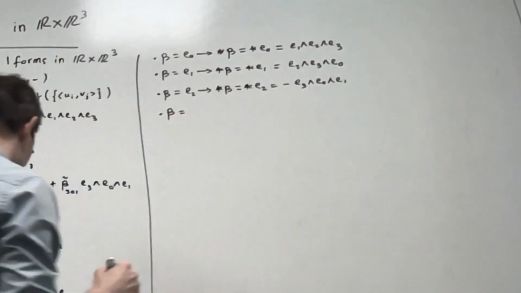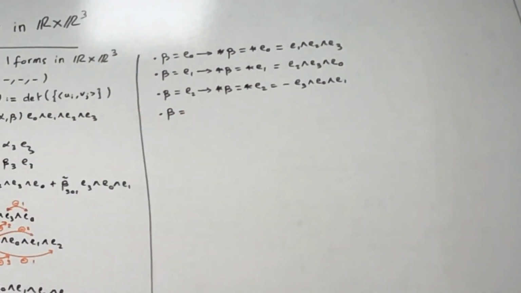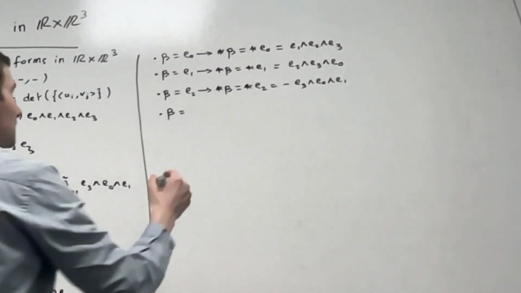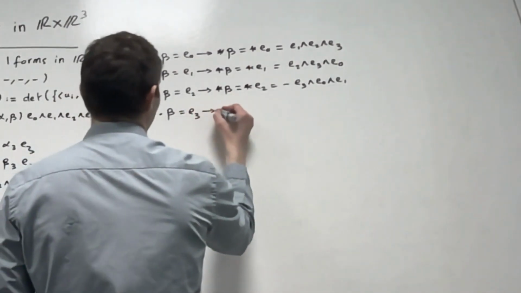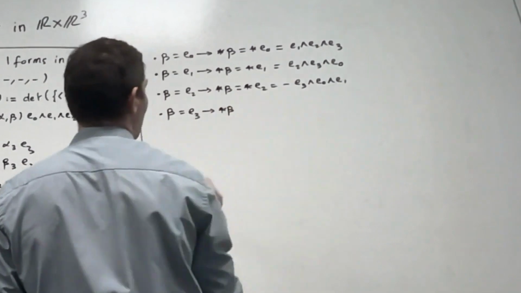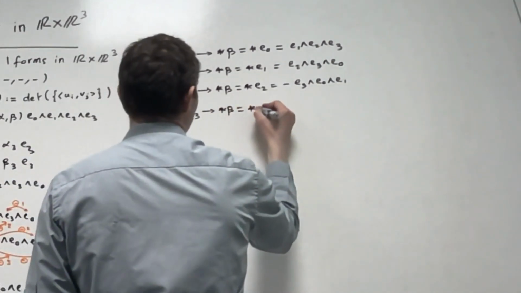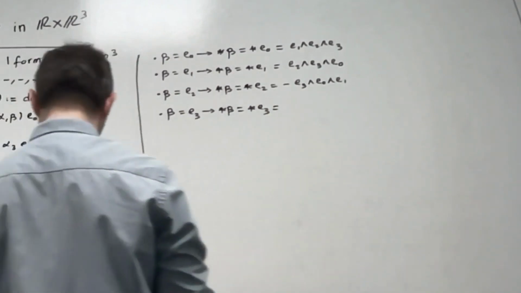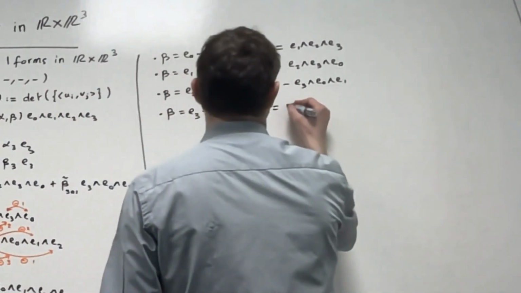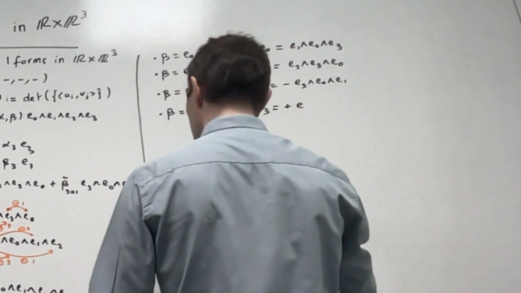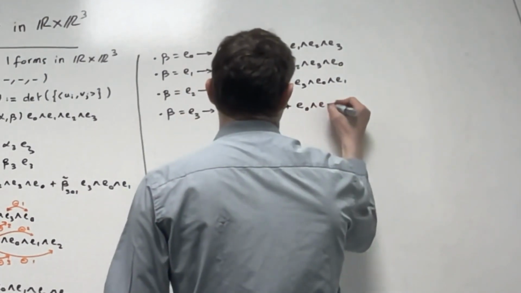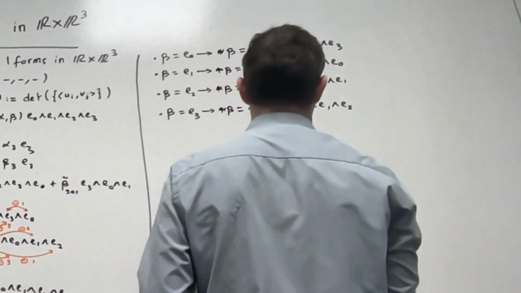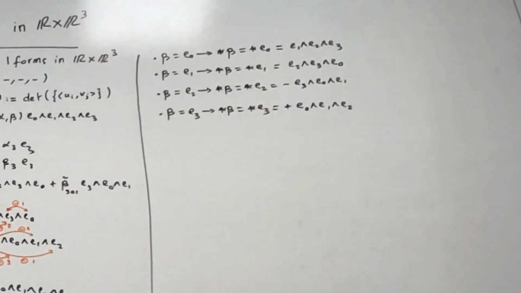And then if this is equal to E3, we've got that the Hodge dual is equal to star E3, and that's going to be plus, in that case, E0, E1, E2.